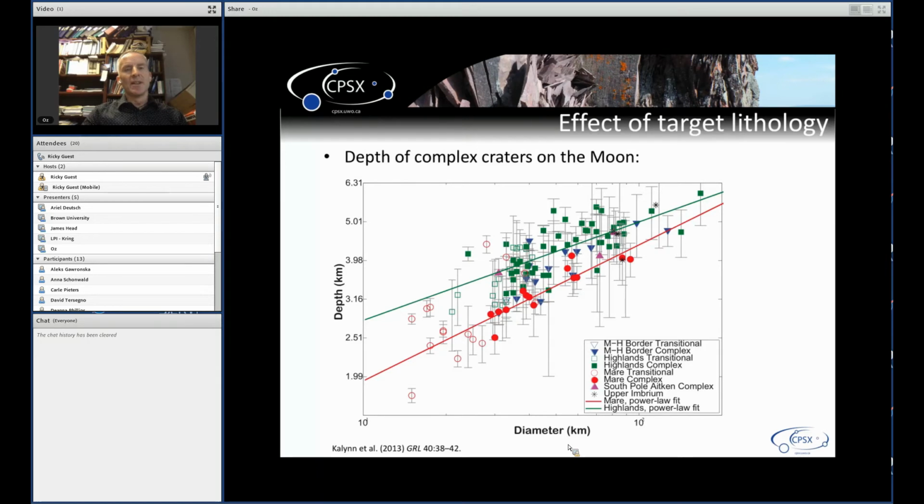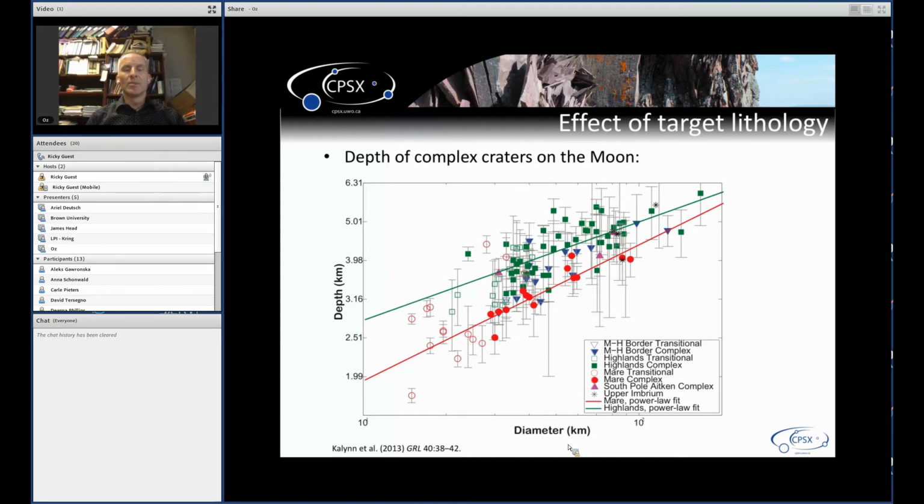We could talk about so many things here, but I do want to highlight one particular aspect. It's a topic near and dear to my heart in cratering studies here on Earth, but it is important to note the effect of target lithology also on the Moon. All rocks are not the same, and so the behavior and the final product in target rock on Earth and on the Moon are quite different.